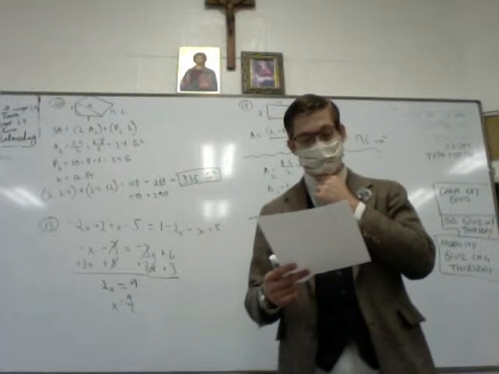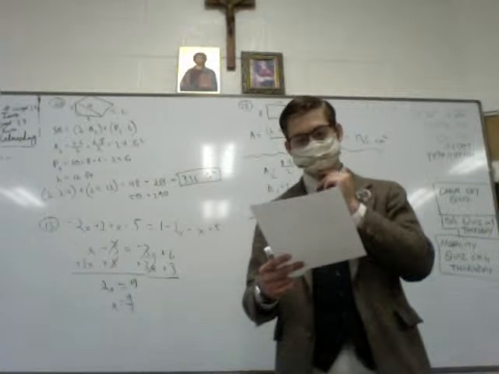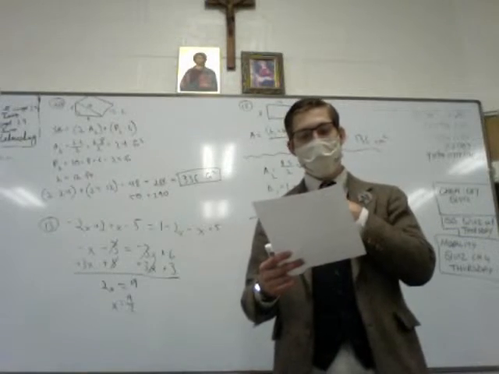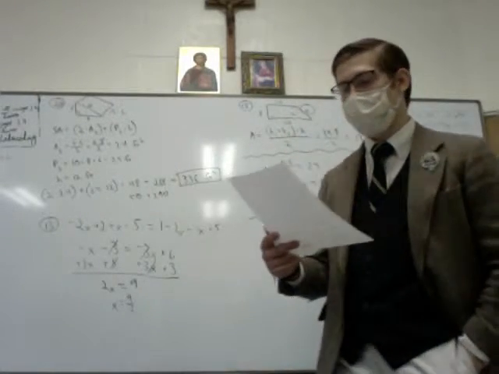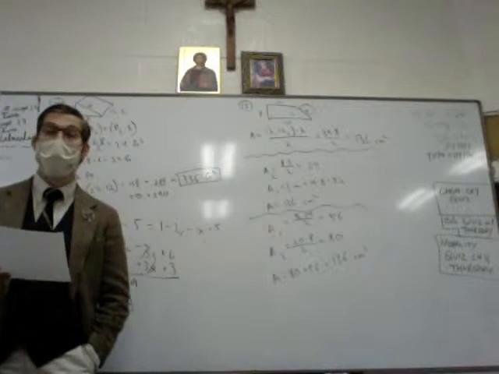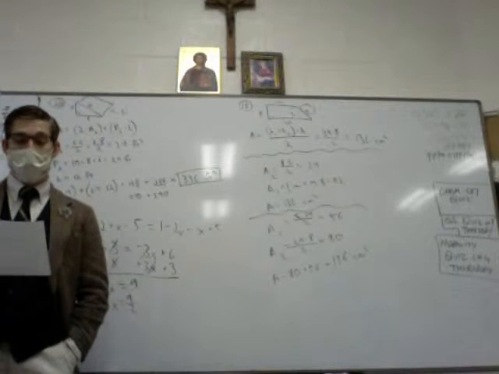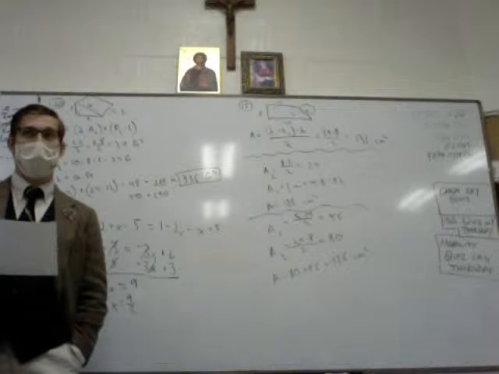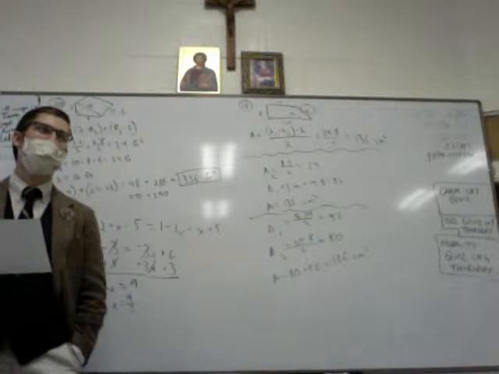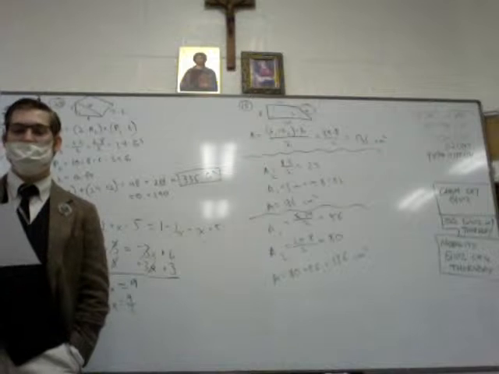Number 16. You have to keep in mind that where the parentheses are matters. That first term, negative 4 squared: what's 4 squared? 16, and we need it to be negative. So first we square 4, we get 16, then we make it negative.